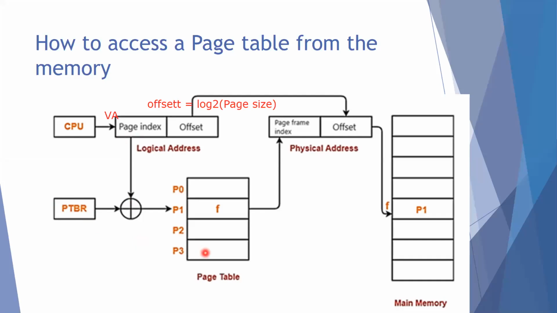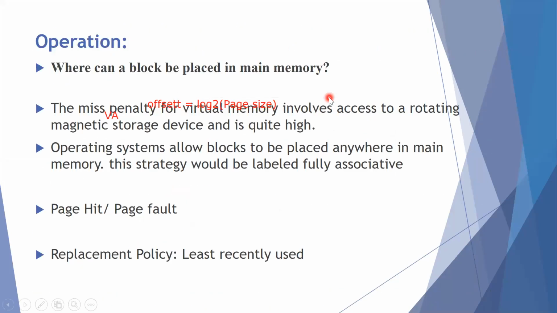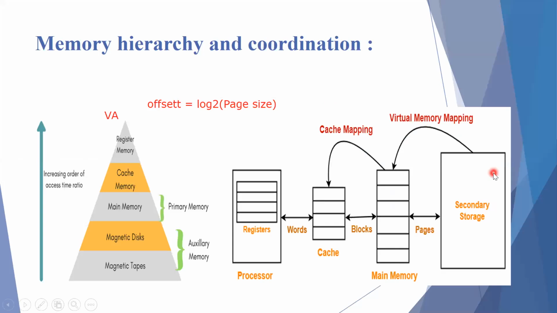Now, as I was telling you, the page tables can be very, very large in size. We can place them in the virtual memory only, we can place them in the main memory, or we can place them in a separate cache, depending upon whichever is the most optimized policy of placement of the page table. Getting?